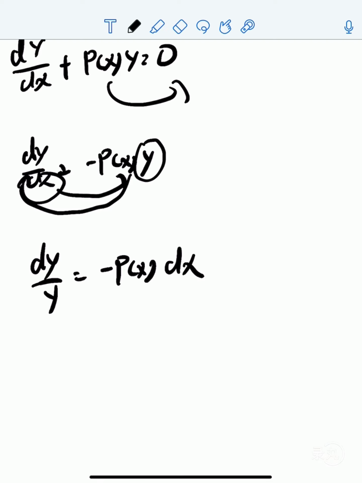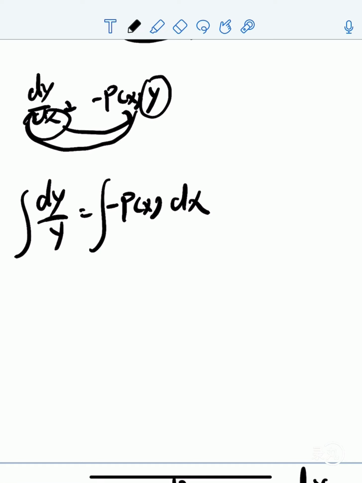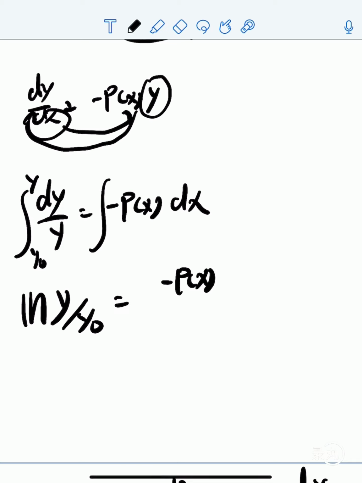Now if we take the integral, we get ln from y0 to y, equal to the integral of negative p(x) dx, plus a constant.